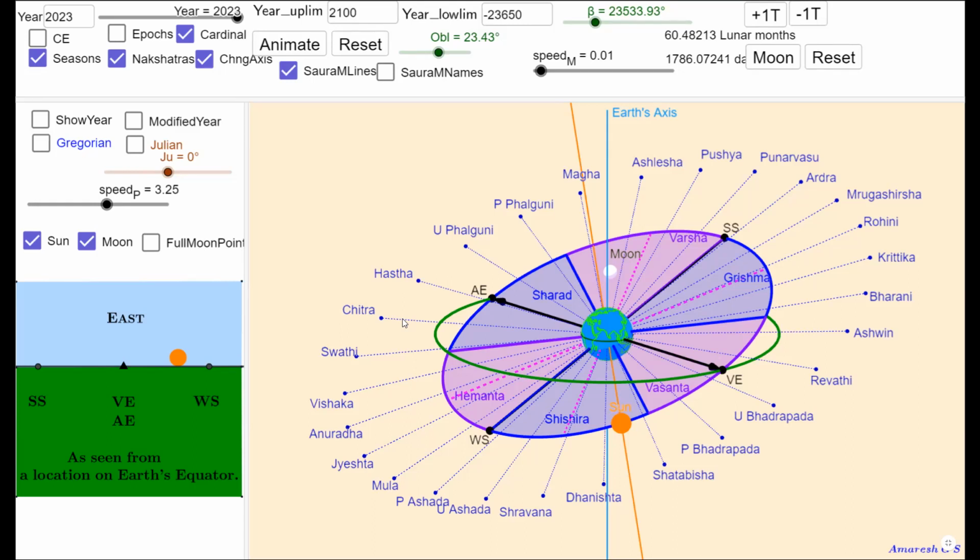The second thing that happens is, remember, just 3 or 4 years ago, when we started doing this simulation, by 4 years I mean the simulated 4 years here. Remember, the lunar month of Chitra was coinciding with the second month of Vasanta season.